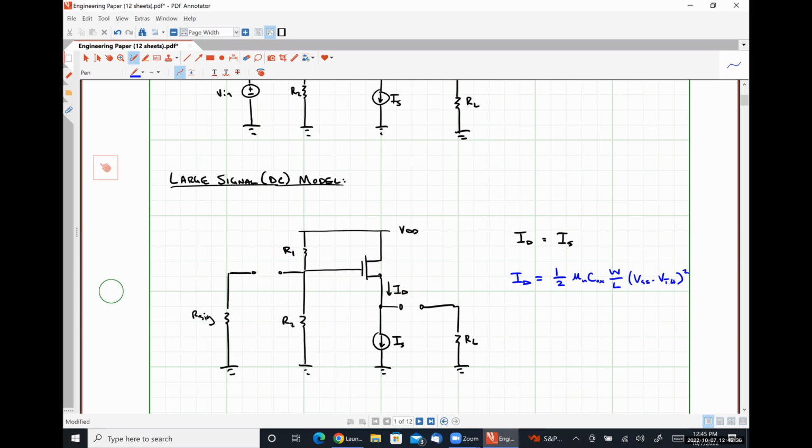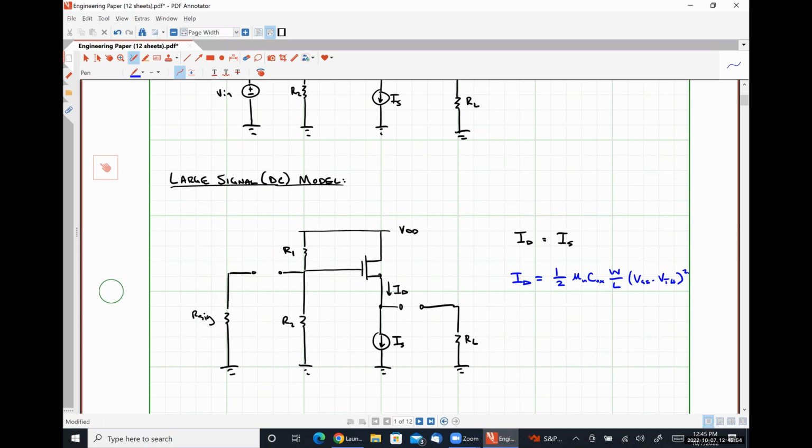So if our drain current has a fixed value, our drain is effectively being forced to carry a specific amount of current, then what that's doing is effectively establishing what the gate source voltage has to be in order to maintain that.